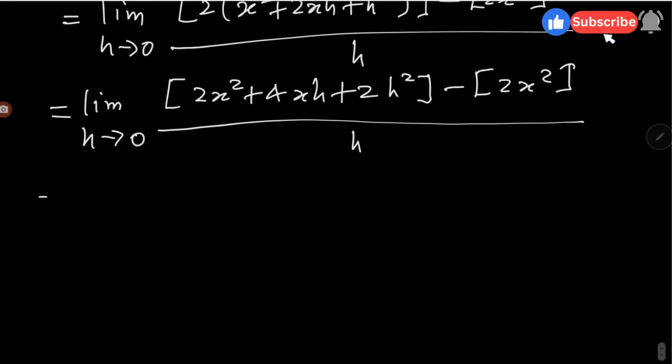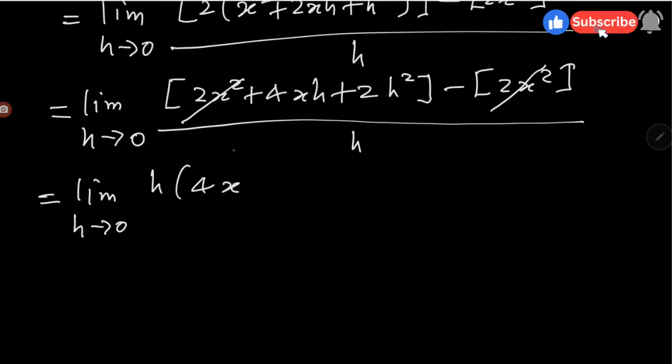At this stage we just simplify the numerator. We'll say this is equal to the limit as h tends to 0. So 2x squared will cancel with 2x squared, and we have h common, so we shall pull out h and say 4x. Since h is already out, we are done there. We'll say plus 2h, since one h is out, and we shall say this is over h.